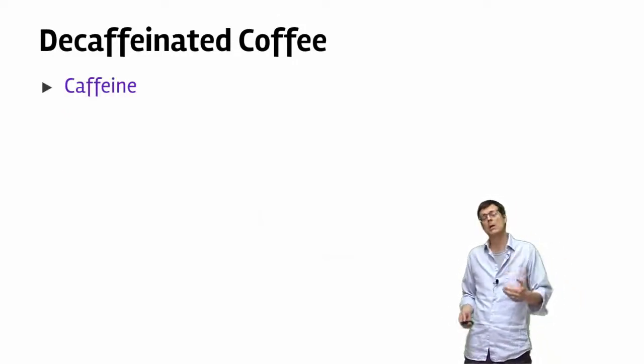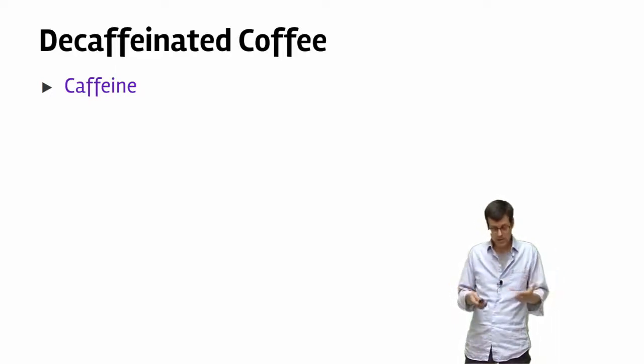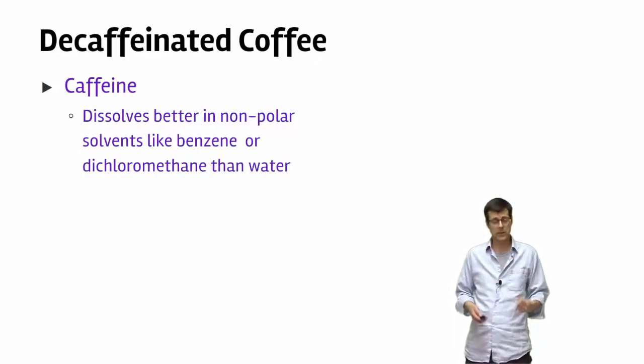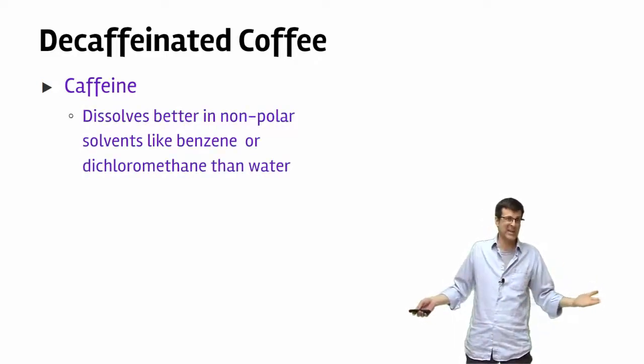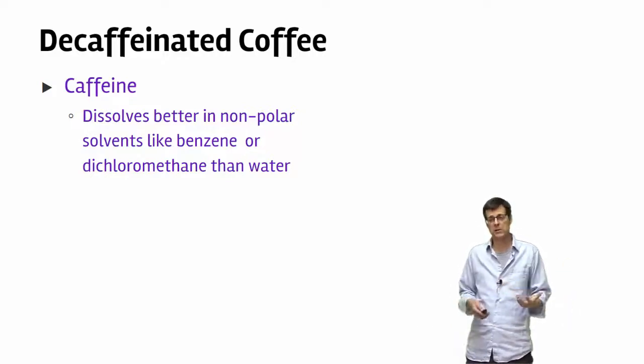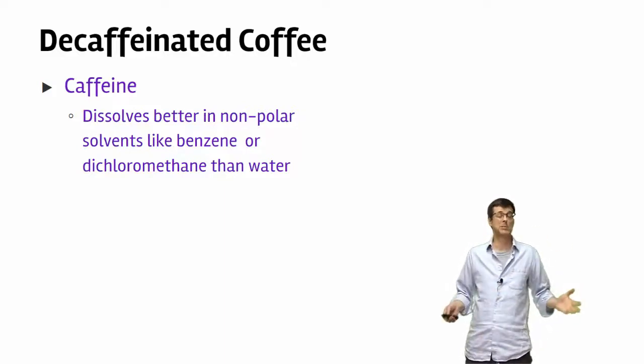Decaffeinated coffee, why would you ever? But if you did, caffeine is going to be a molecule that has fairly low polarity. It does dissolve in water, not that great, but it does dissolve a little bit in water because that's how we get caffeine in our coffee. It dissolves better in low polarity solvents like benzene and dichloromethane. Here's the problem with benzene and dichloromethane: they're really, really bad for you.